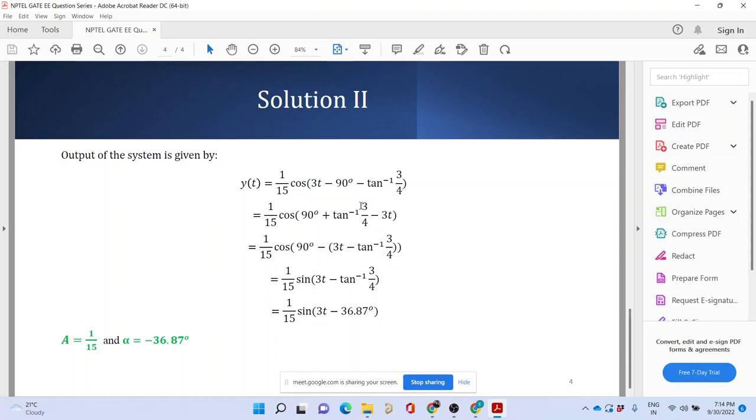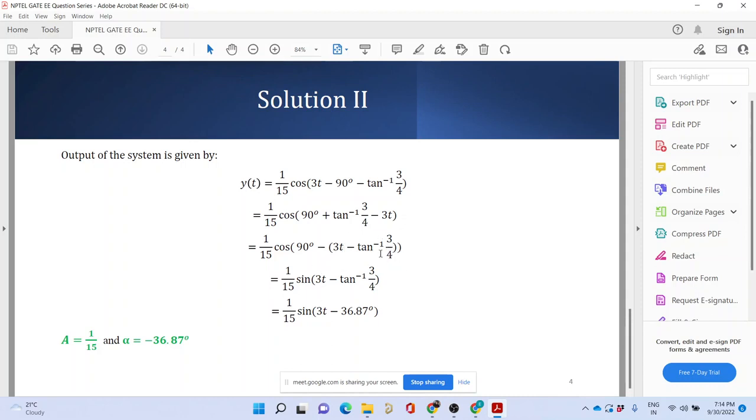Now cos is an even function. I take minus as common. What I get is cos of 90 plus tan inverse of 3 by 4 minus 3t. Now cos of 90 minus theta would be sine of theta.